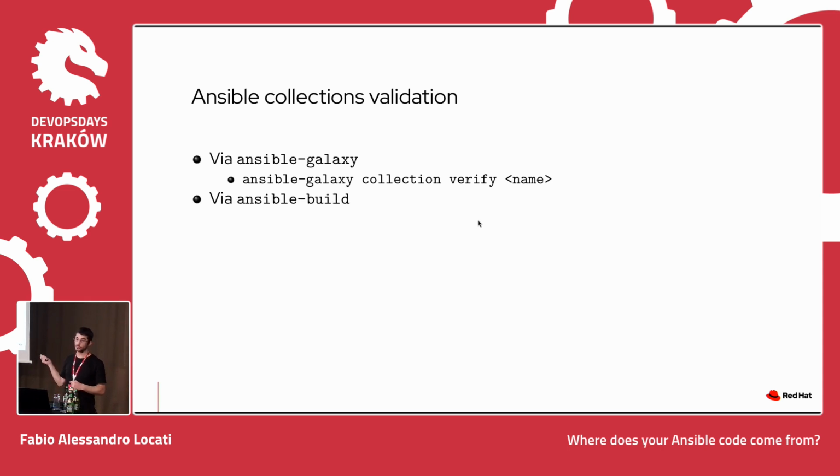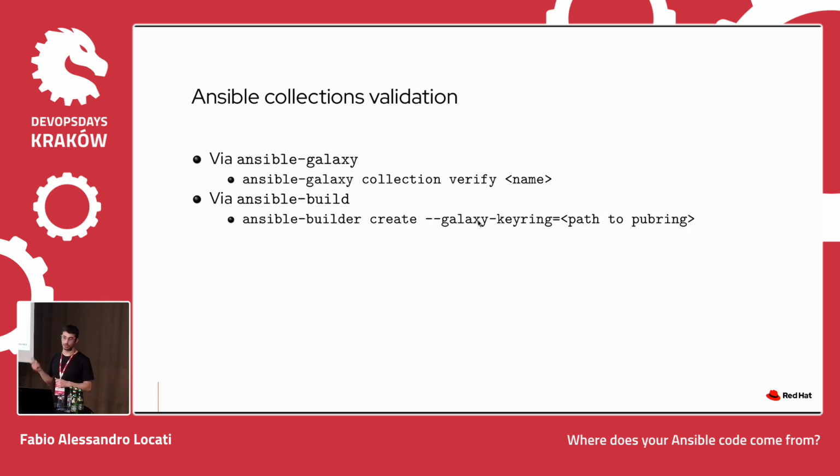So we can use ansible-builder when we are creating execution environments. So with ansible-builder, you do create execution environments, and you can specify the --galaxy-keyring equal, and then a keyring, and then it will validate that all collections have been signed by one of the keys within that keyring.